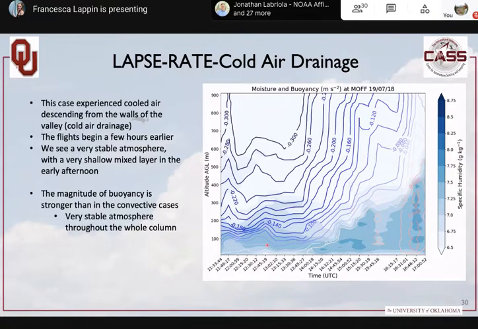There's a strong gradient with height. The values are strongly negative, more strongly negative than the positive ones for the convective case. And it takes a much longer time for there to be really convective mixing and heating and even small values of positive buoyancy. So we see a very stable case.